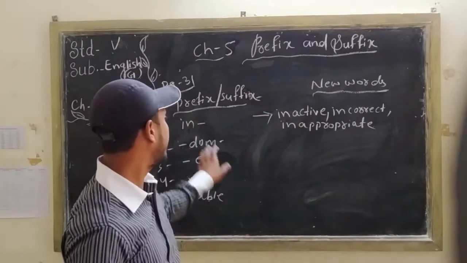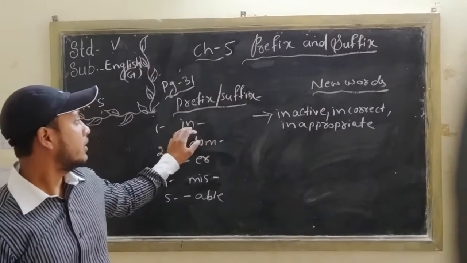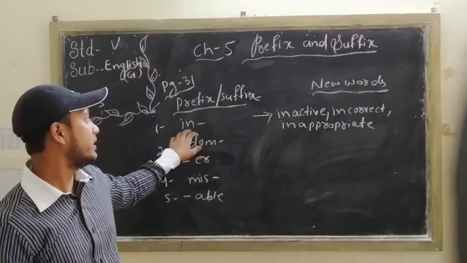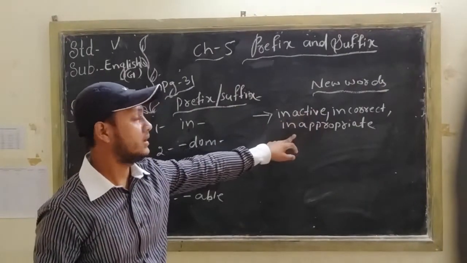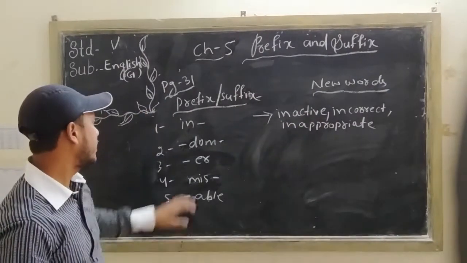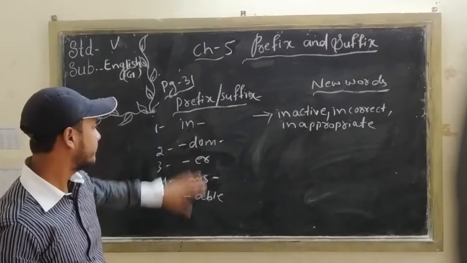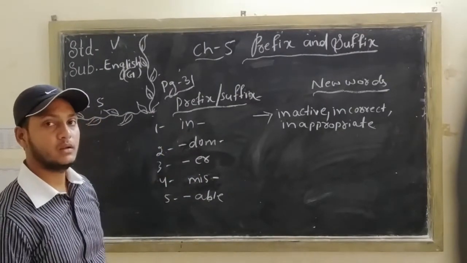So here we have made three words using this in prefix: inactive, incorrect, inappropriate. Similarly, we will make words with all these prefix and suffix letters.